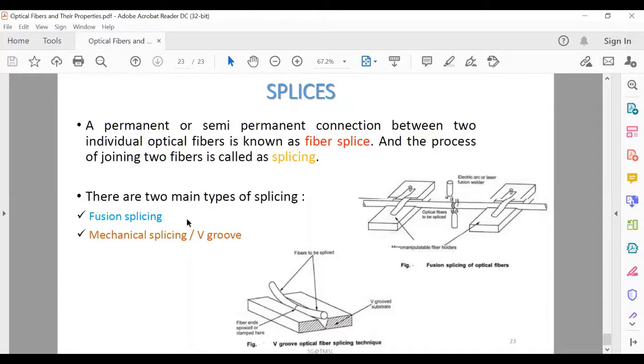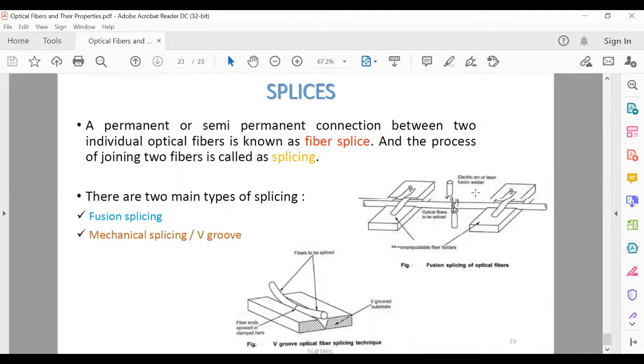So what is fusion splicing? It basically involves butting two clean fiber end faces and heating them until they melt together or fuse. This is normally done with a fusion splicer that controls the alignment of the fibers to keep losses as low as possible.